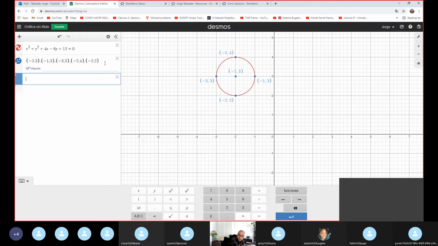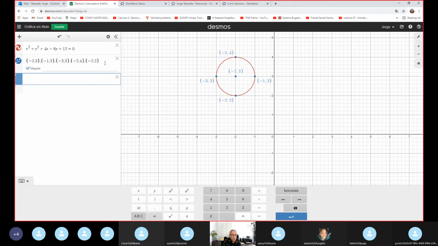Okay, Yasmin always understands. Okay, Yasmin, now for verification that everything is okay, that we're doing well, I propose you put the equation of the circle, the same circle, but in standard form.